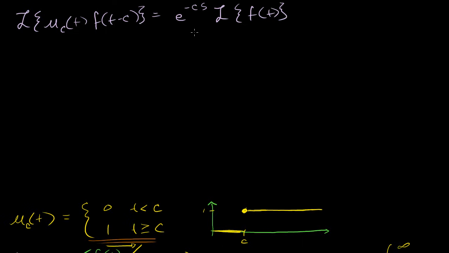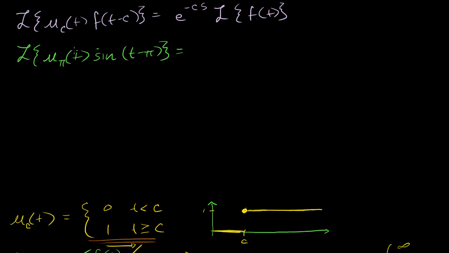And if this seems like some Byzantine, hard to understand result, we can apply it. So let's say we want to take the Laplace transform of the unit step function that goes to 1 at pi, times the sine function shifted by pi to the right.